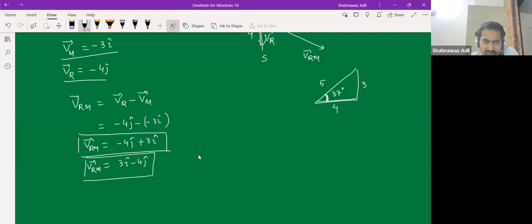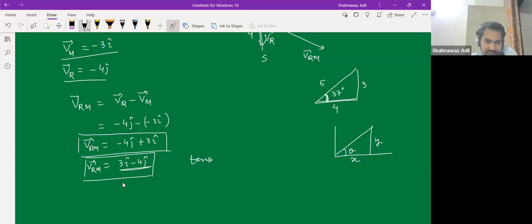So what is tan theta? Akib said 3 by 4, but okay, so I have this theta, and this is y, and this is x, right? So what is y in this case, and what is x?